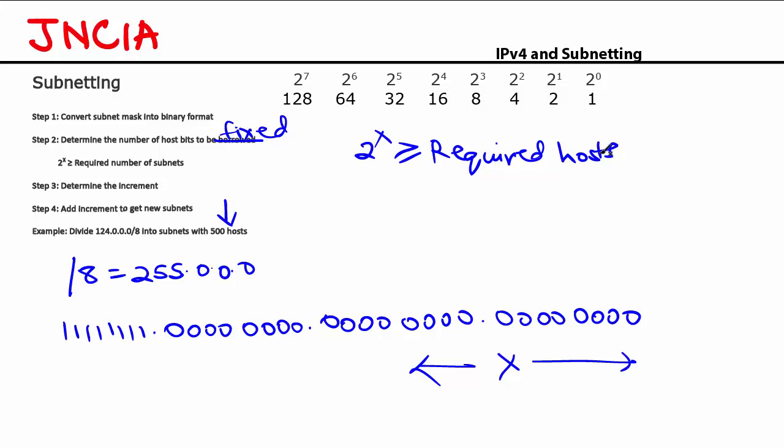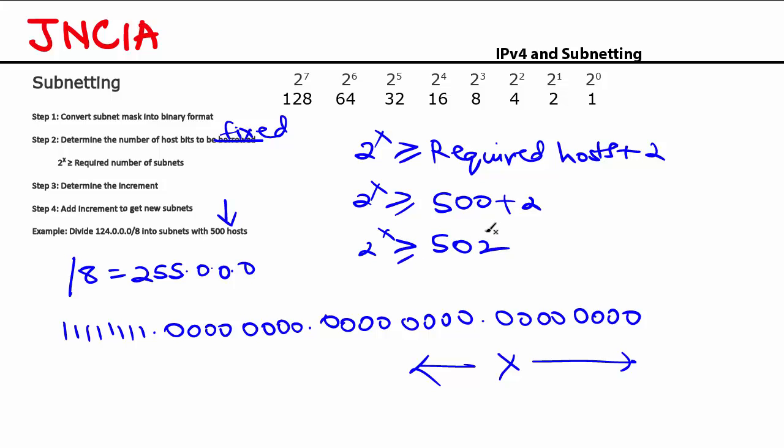So in every subnet, we actually lose 2 addresses, and that needs to be added here. So the formula would be 2 power x is greater than or equal to the required number of hosts plus 2. In this case, that would be 2 power x greater than or equal to 500 plus the 2 addresses that we lose in every subnet. So 2 power x is greater than or equal to 502.